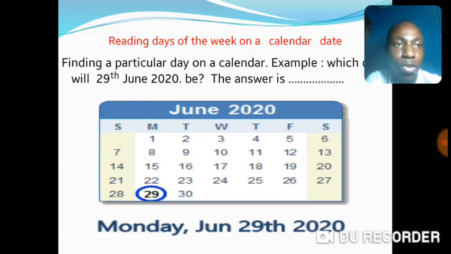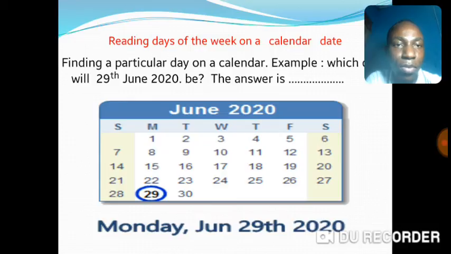Now, for you to be able to read the days on a particular calendar month, this is the month of June in the year 2020. So we look at the days.